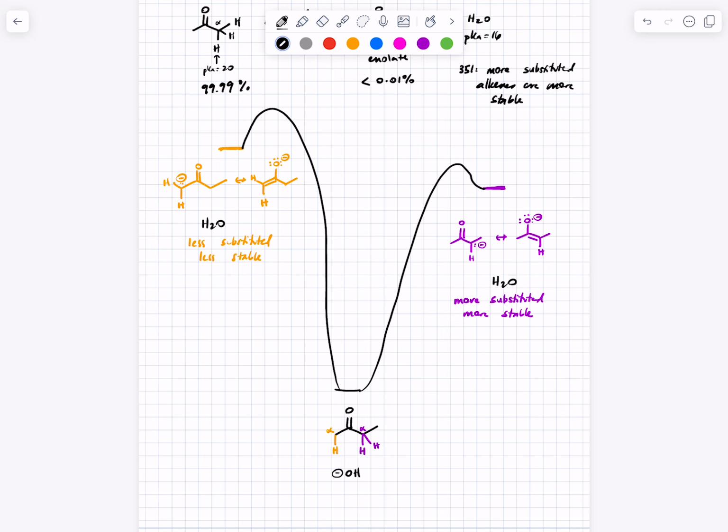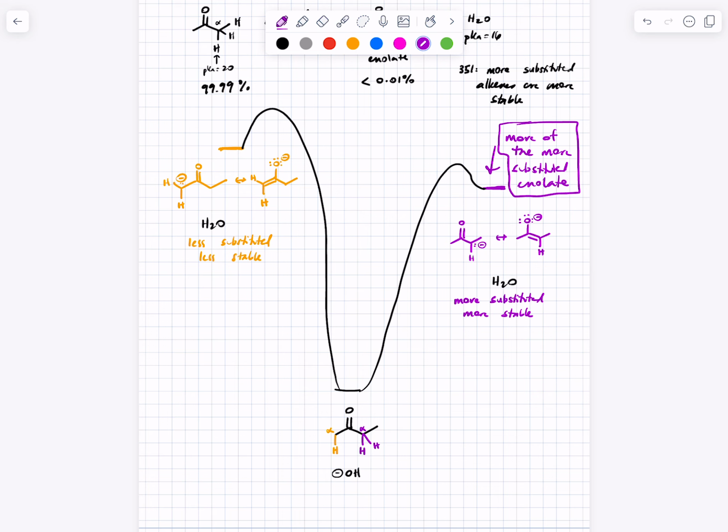Which means that under these equilibrating conditions, there should be more of the more substituted enolate. Which means that our major product is going to come from the more substituted enolate when we make the enolate under equilibrating conditions.